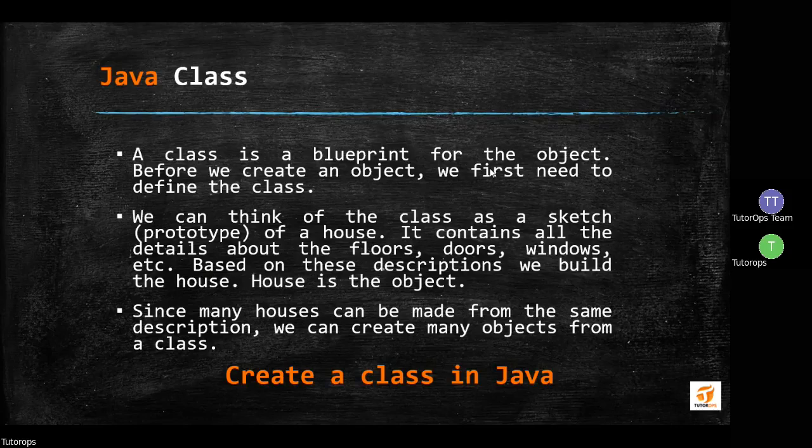So in general, we can say a class is a category, and within that category, like bird is a class, animal is a class, dog is a class. Those are all classes, and all classes have their own features and properties. A bird has two wings, two legs, two eyes, like this.